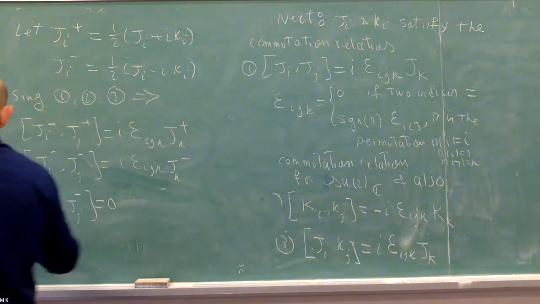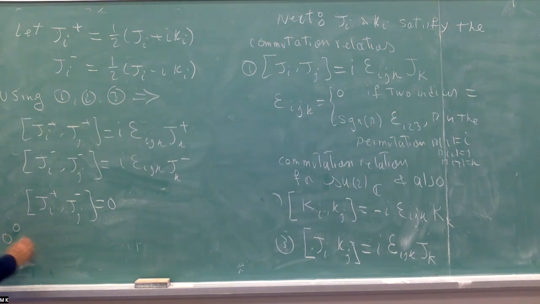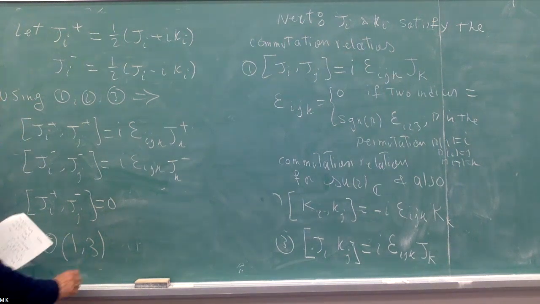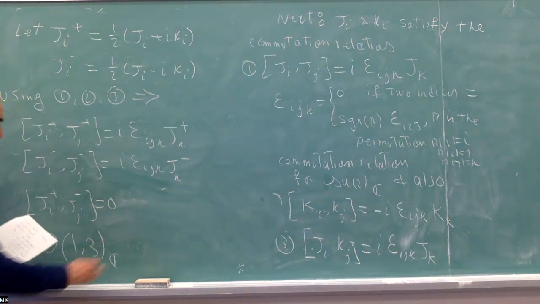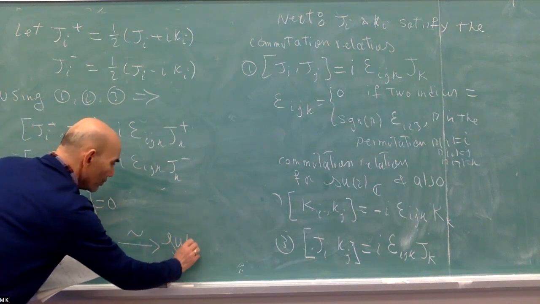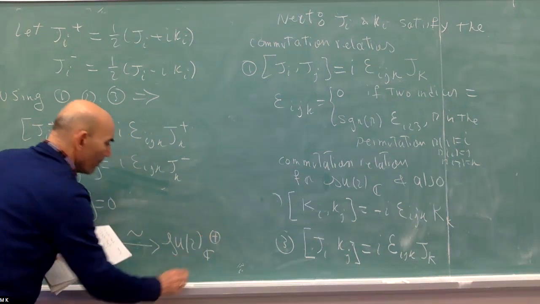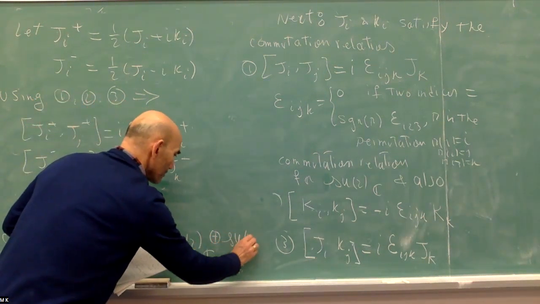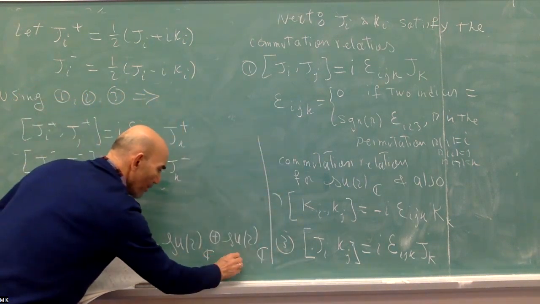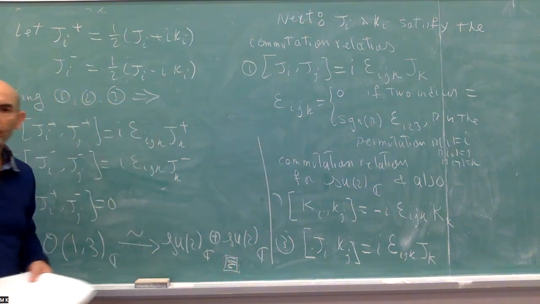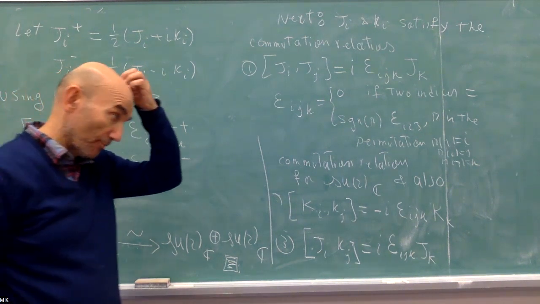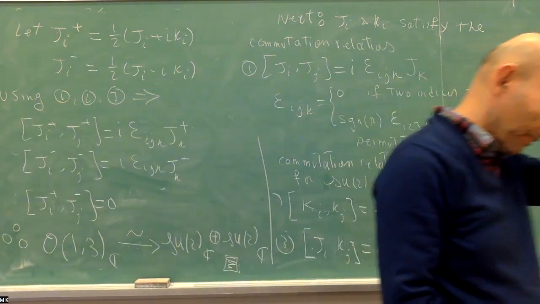The corollary of this is that we have constructed a map from the complexified Lie algebra of the Lorentz group, the Lorentz algebra, into the complexified SU(2) algebra. Good.